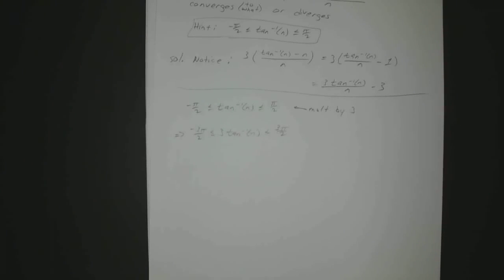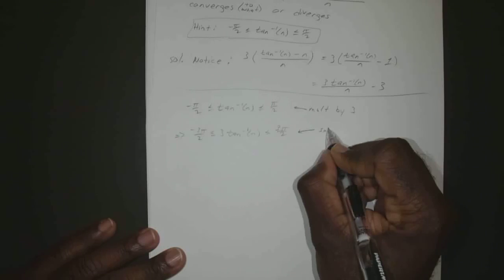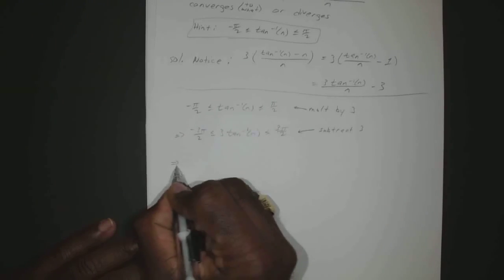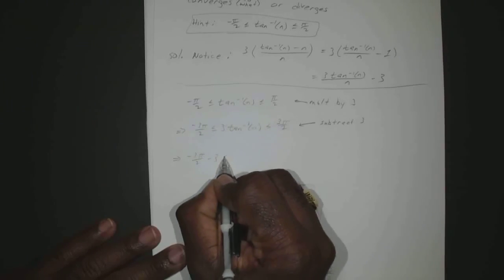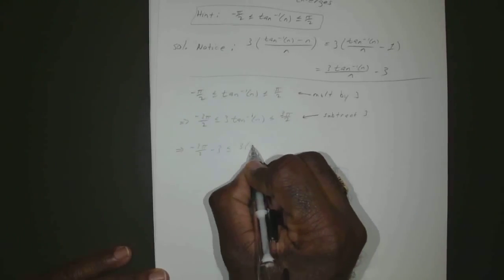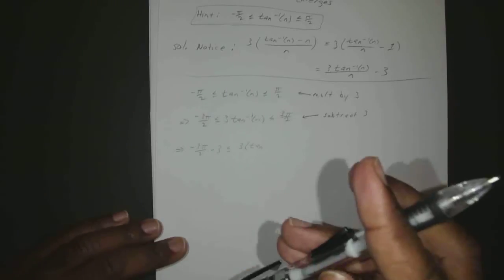Okay. Then we just subtract 3 from each term. So negative 3 pi over 2 minus 3 is less than or equal to 3 times tangent inverse. Oh, did I forget to divide by n? Yep, forgot to divide by n.